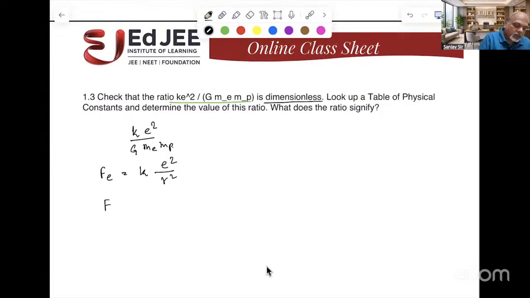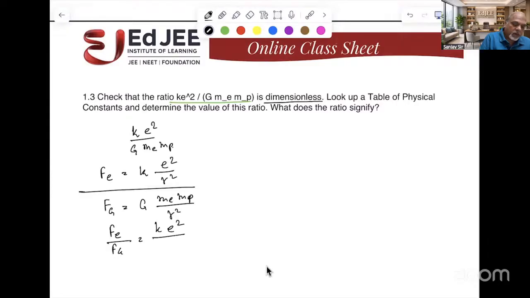And gravitational force is nothing but G m_e m_p upon R square. These two formulae we know, and suppose if we take the ratio of this, then what will remain?